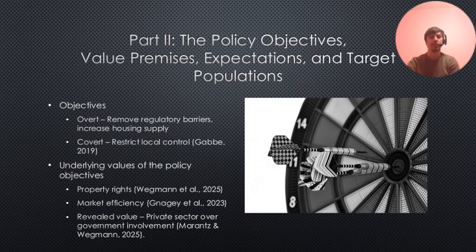Lastly, an emphasis on the role of the private sector in this policy, rather than on the government, reveals a value tied to its intentions. The physical transformation of neighborhoods at this scale requires significant involvement of for-profit homebuilders.